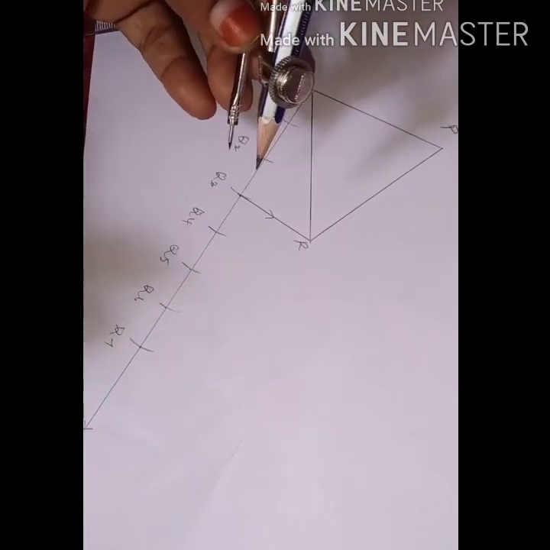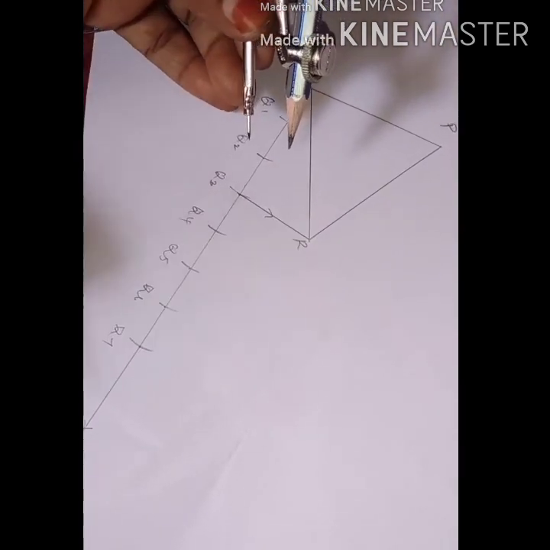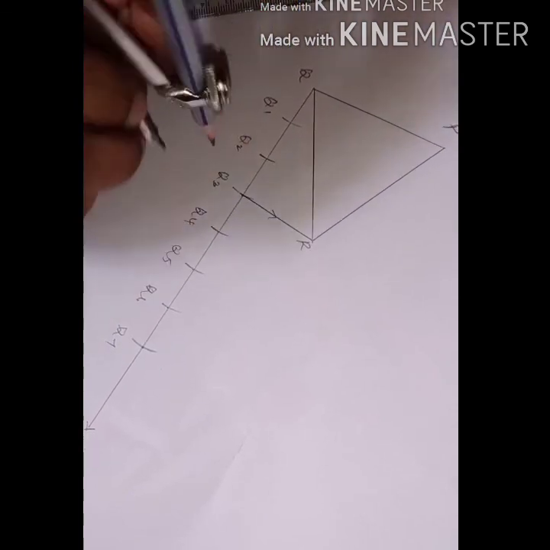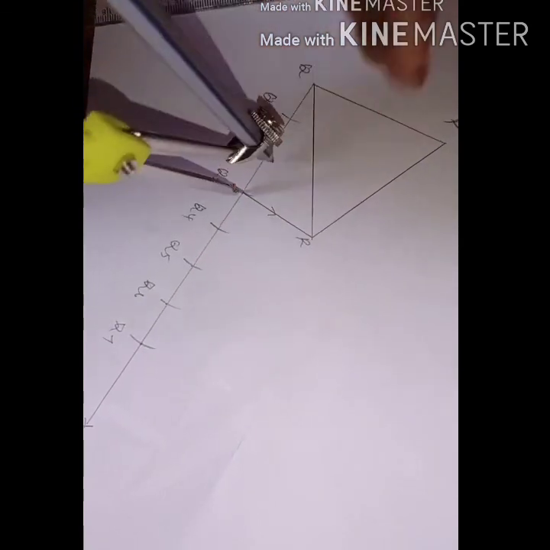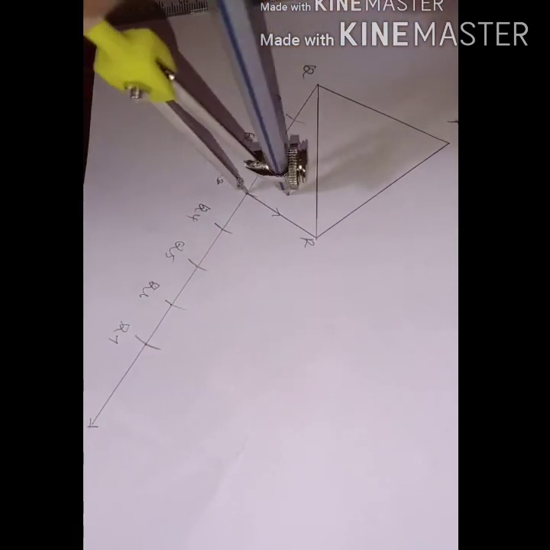How do we draw the parallel line? Corresponding angles are equal. So here you draw the angle arc, any approximate angle.